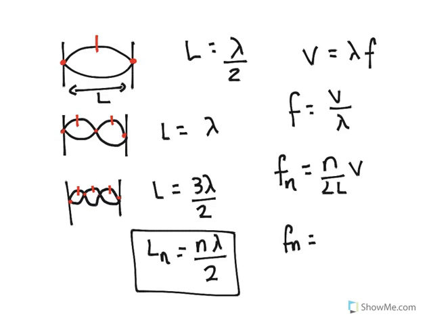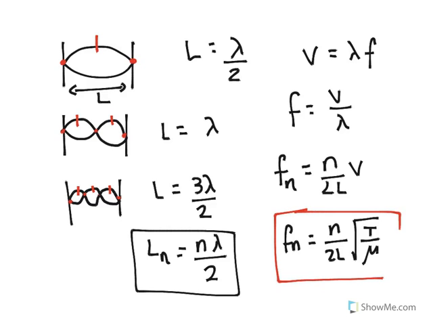If we have a string, this is n over 2L times the square root of the tension over the linear density. This is the n-th harmonic, or the n-th frequency generated by a string which has a tension, a linear density, and a length. Try to figure out what happens if we vary the parameters and how we can actually vary them in life.